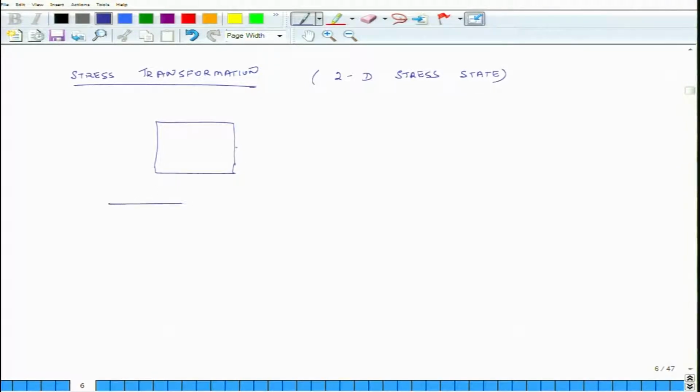So, this is my x axis and this is the y axis. I am applying an external stress here, I call this sigma xx, or for purposes of simplicity I just call it sigma x, because that is self explanatory.